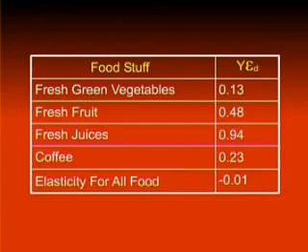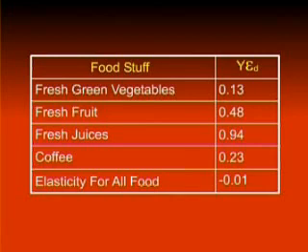Similarly, if you look at beef, it's considered a normal good in the UK, but in a country like Pakistan, people might prefer mutton or chicken to beef, and therefore you would expect a negative sign in front of beef to that extent. So overall, the result from this survey is that food generally is considered an inferior good.